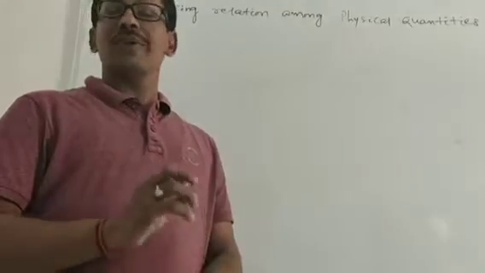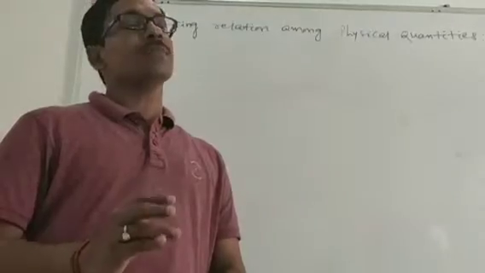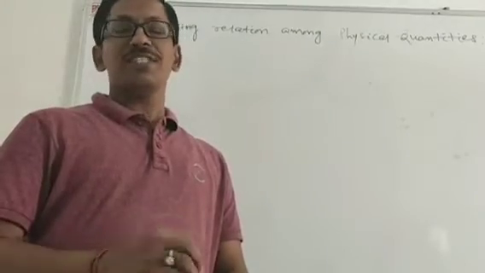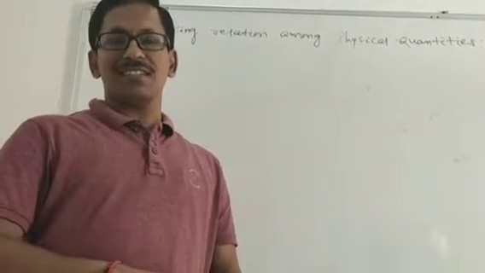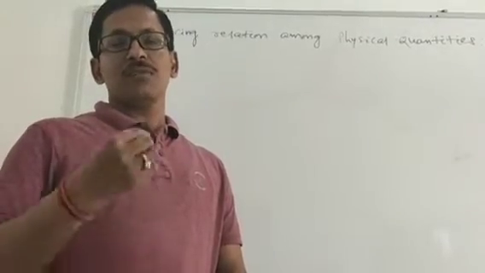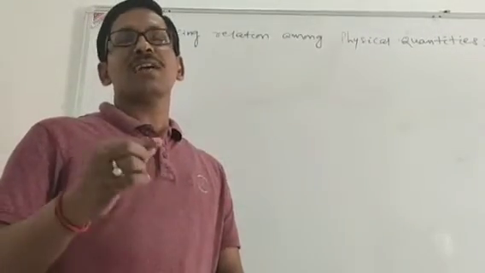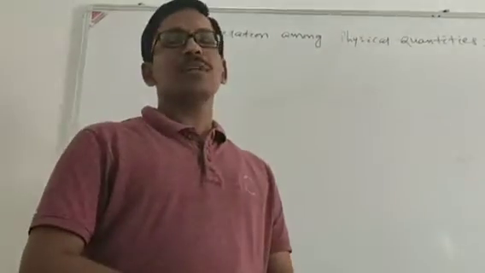This is also based on the principle of homogeneity of dimensions. Homogeneity means homogeneous, same everywhere. That means each term of the equation would have the same dimensional formula. Right?